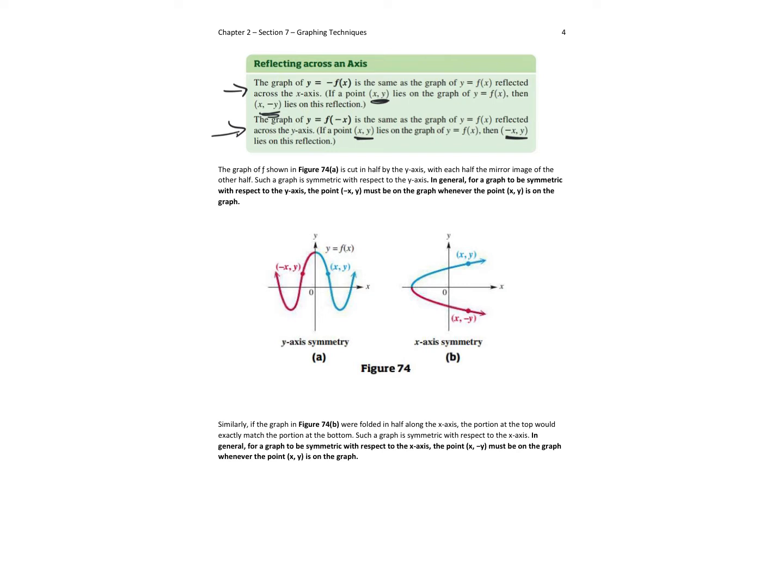Now, below you'll see a pair of graphs which are demonstrating symmetry. And so we are going to measure symmetry across some of the different axes, both the y-axis and the x-axis.